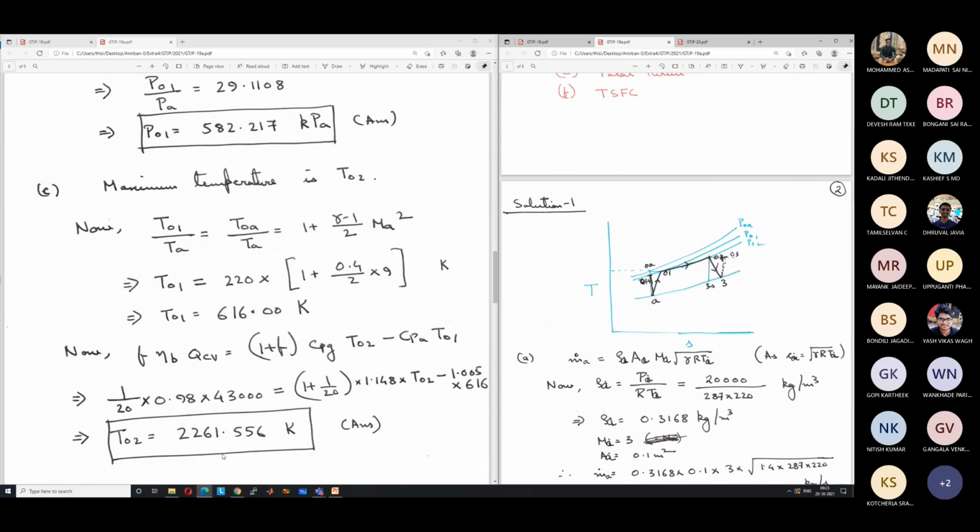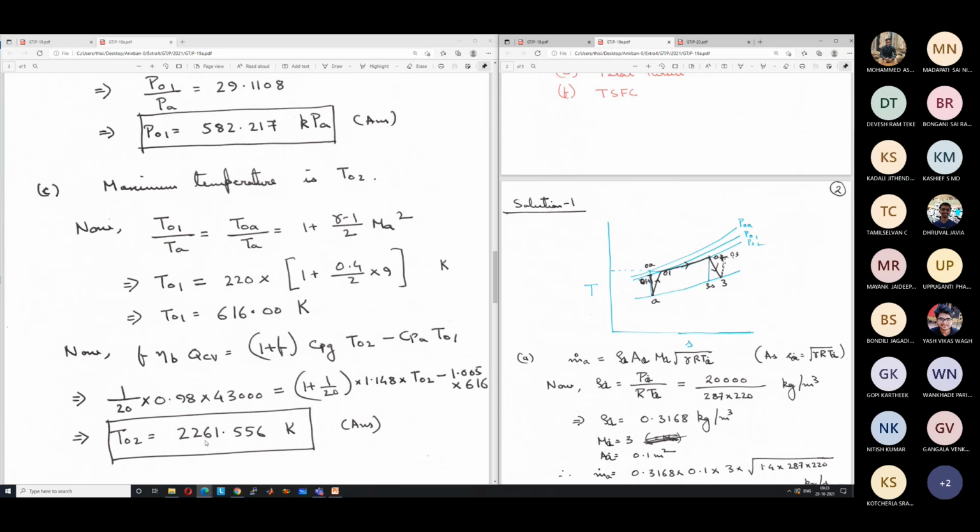2261.556 Kelvin. If you compare with previous problems or other types of engine, you will see that the combustion exit temperature is quite high in this case because there are no turbines after the combustion chamber. So we can go to a very high value of combustion temperature, as we have discussed yesterday.